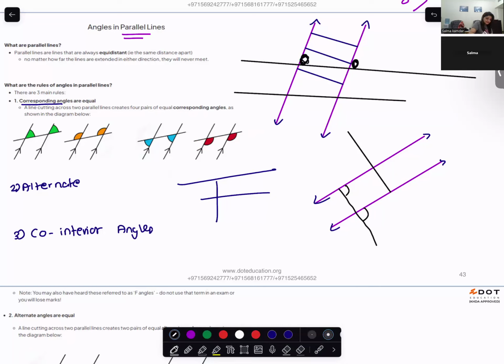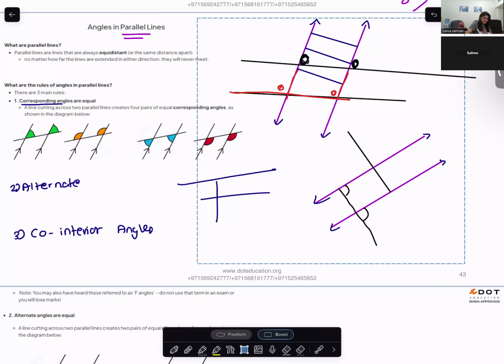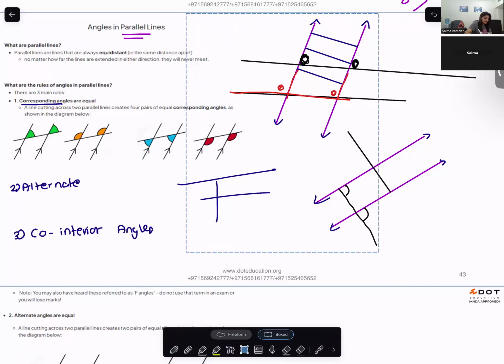Again, I take a line over here, I want an F. This angle and this angle are corresponding angles. So angles which are in the shape of F are corresponding angles.